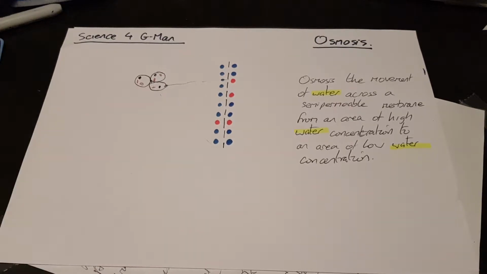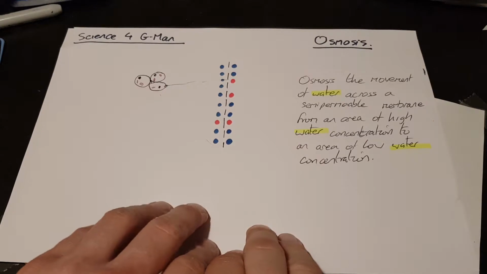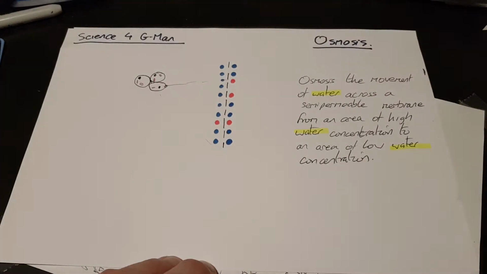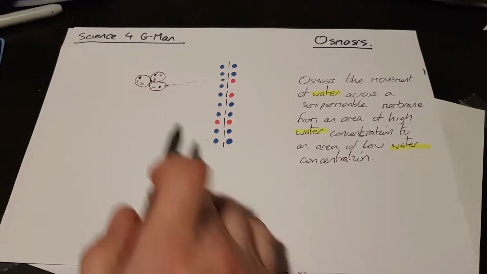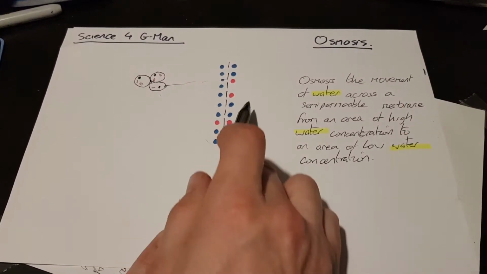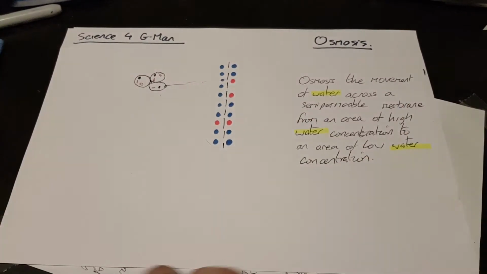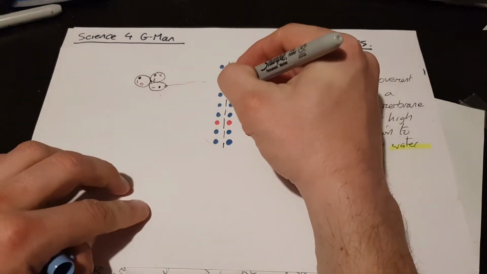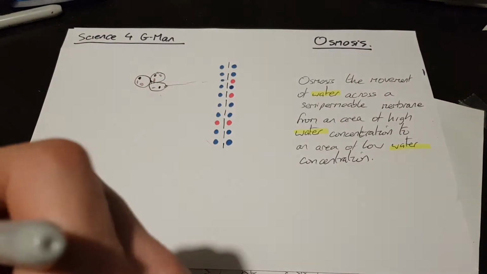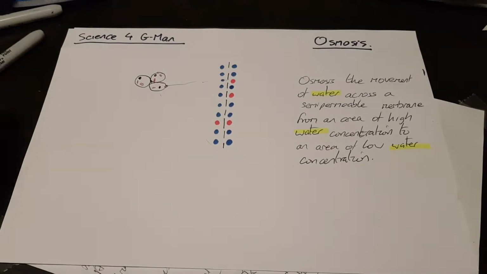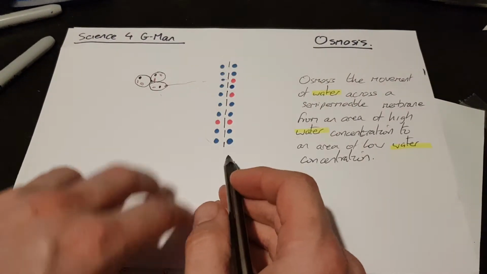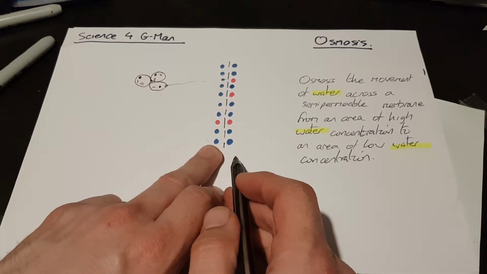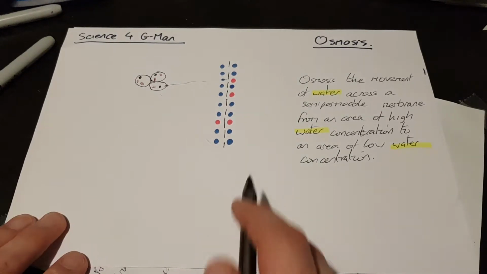Now the water in this, because what we're talking about is a solution on either side. Okay, so we've got our osmosis. We're thinking about how water moves across our cell membrane, our semi-permeable membrane. And what I've just done here is showed how you've got a higher water concentration here than here.